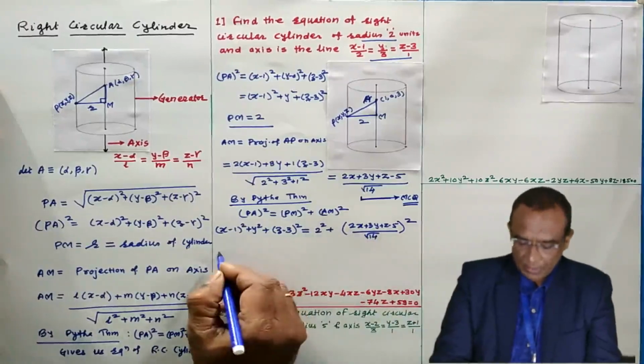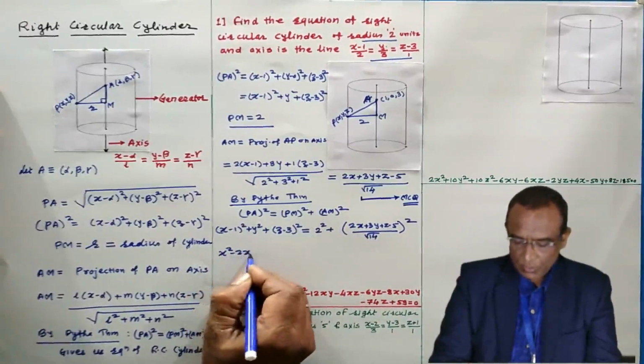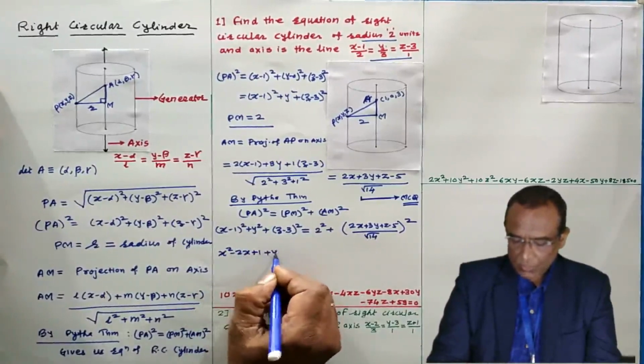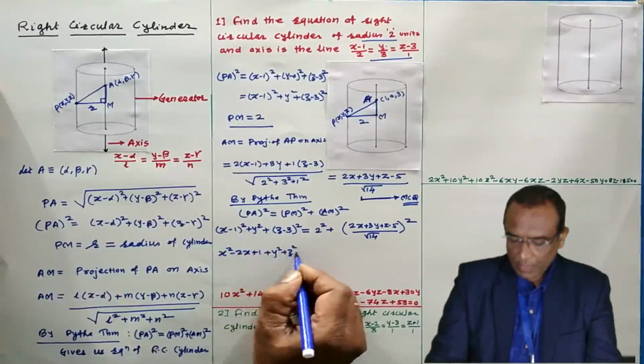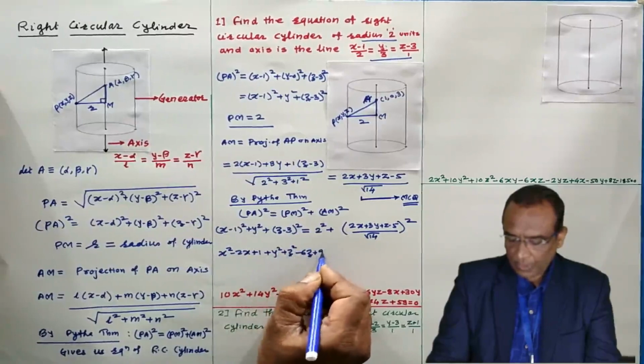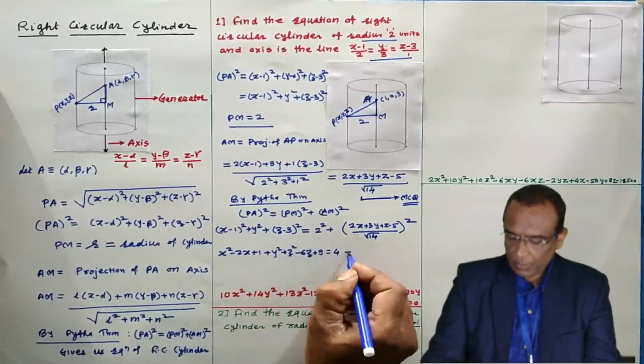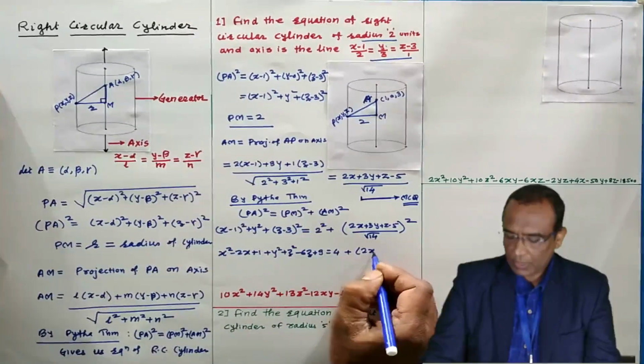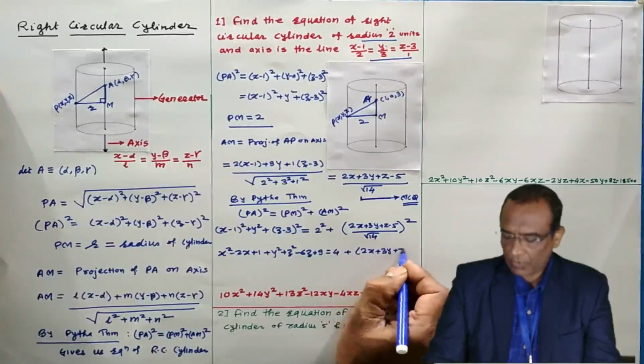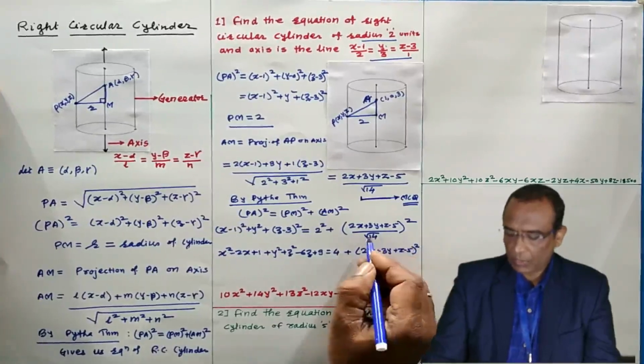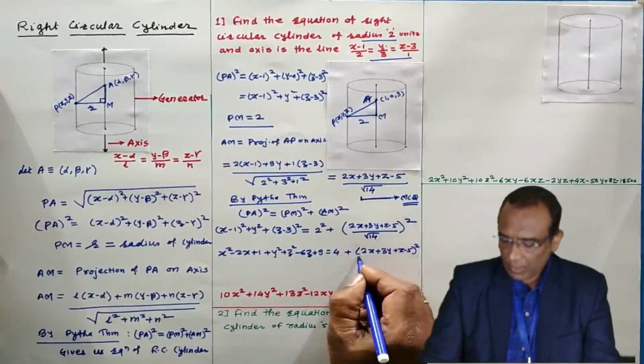Therefore you can expand it: x square minus 2x plus 1 plus y square plus z square minus 6z plus 9 is equal to 4 plus (2x plus 3y plus z minus 5) square, and the square root of 14 squared is 14.